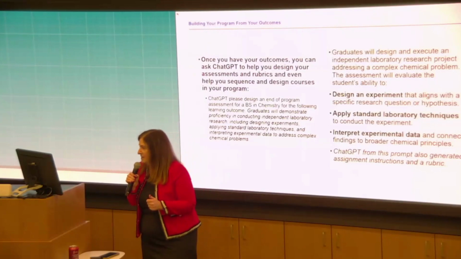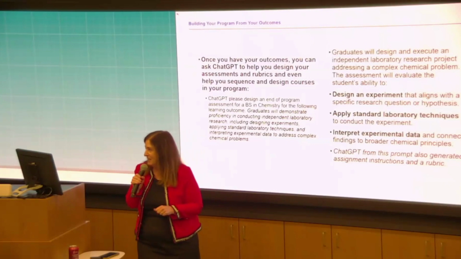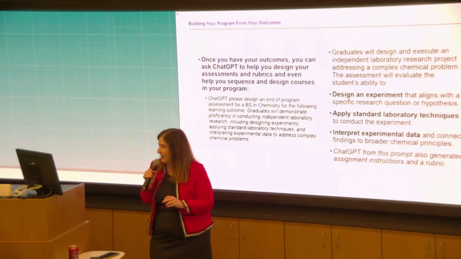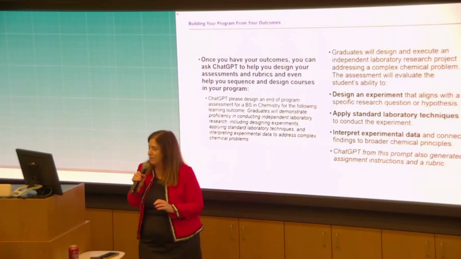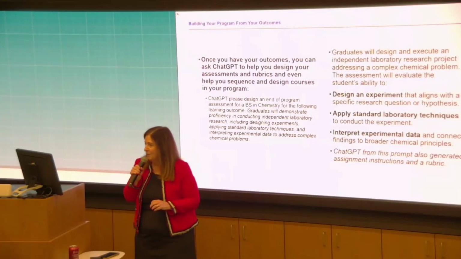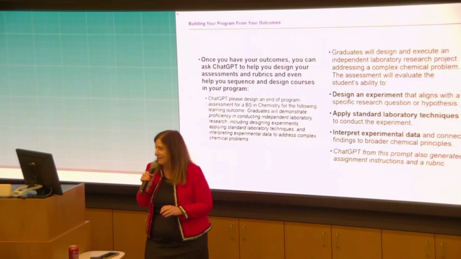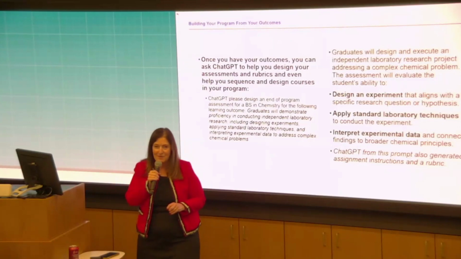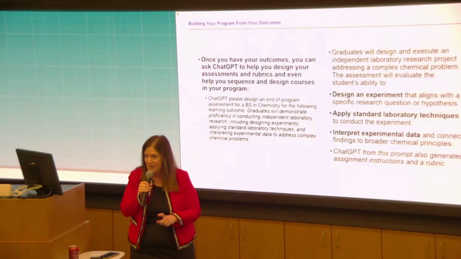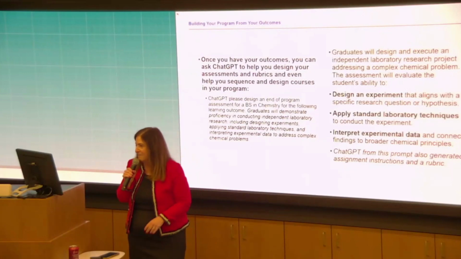This is the prompt that I gave ChatGPT. I did this on the laboratory research outcomes. I said, ChatGPT, please design an end of program assessment for BS in chemistry for the following learning outcome. And I gave it back the outcome that it gave me.